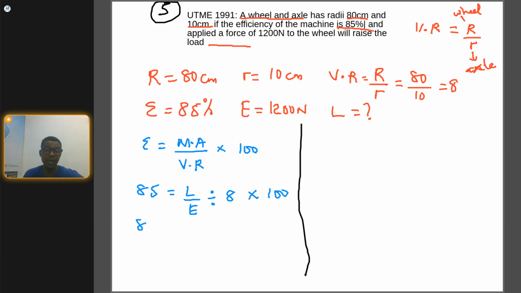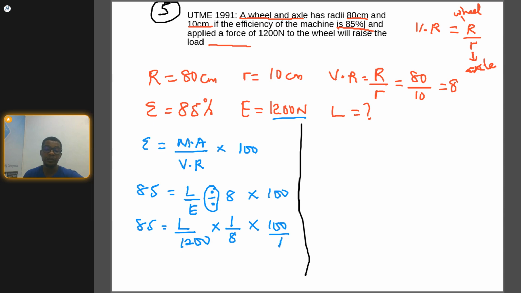So 85 equals, the load is not given, so we have L, but the effort was given to be 1,200 multiplied by, changing this to multiplication, 1 over 8.